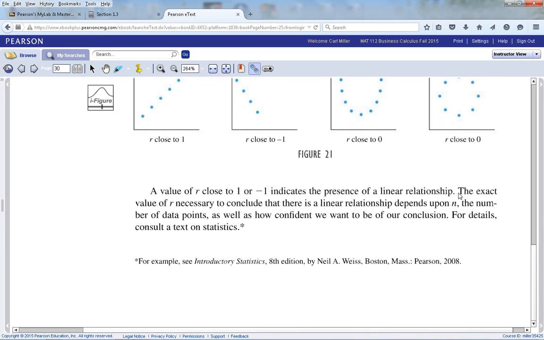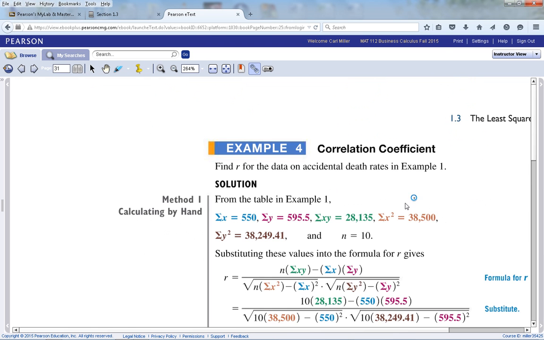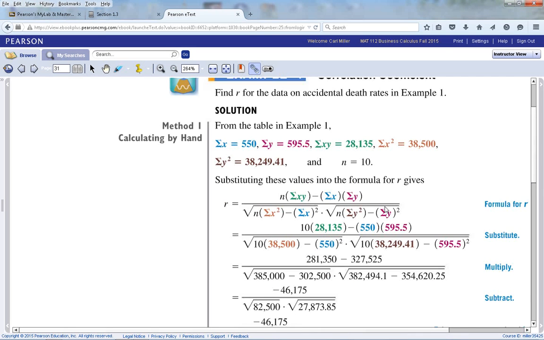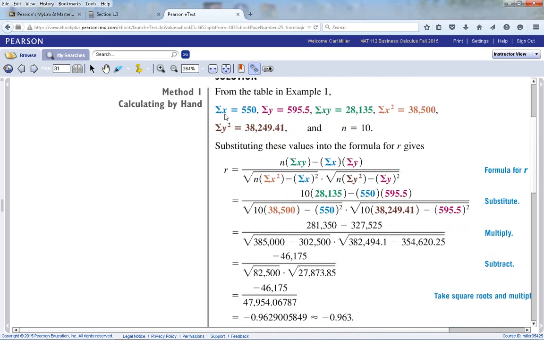Now in terms of calculating r, what we would do is go back and find our values for the sum of the x's, sum of the y's, sum of the xy pairs, sum of the x squared terms, and sum of the y squared terms from the table we looked at earlier. Then, along with the sample size of n equal to 10 data points, we substitute those numbers into the equation.